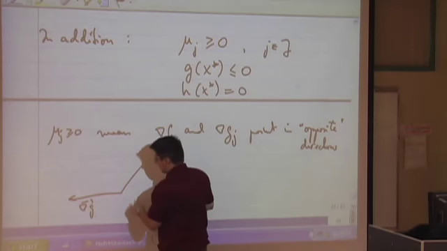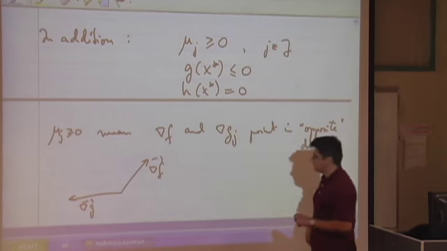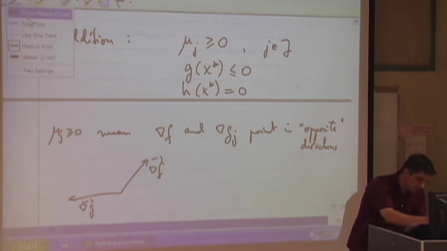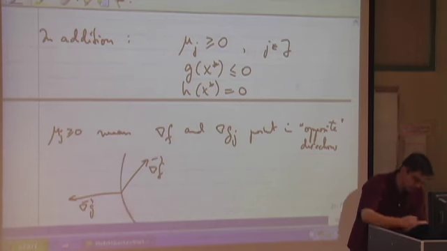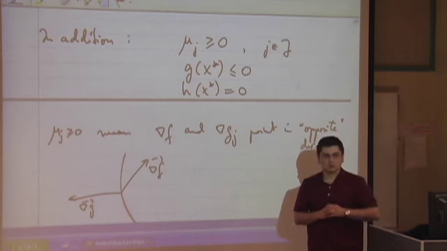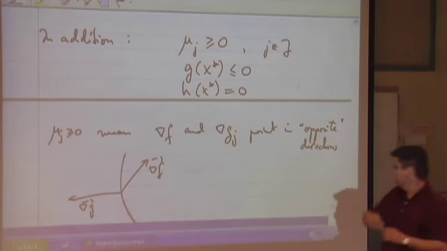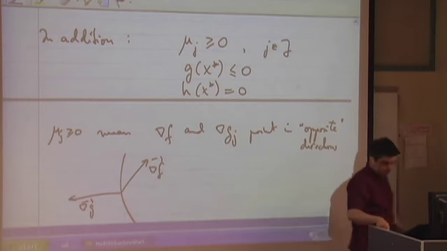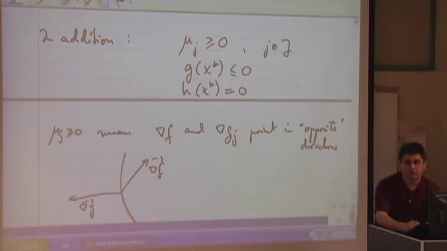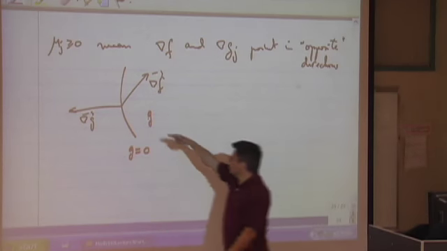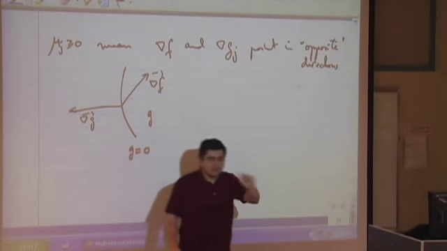Okay? Now, let's see, why is that the case? Well, the gradient of g is normal to the constraint g equal to 0, right? Of course, this is some g j. And the gradient also points in the direction of increase of g.